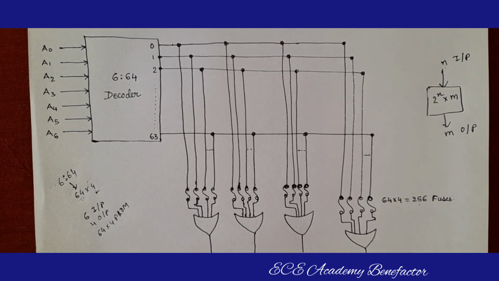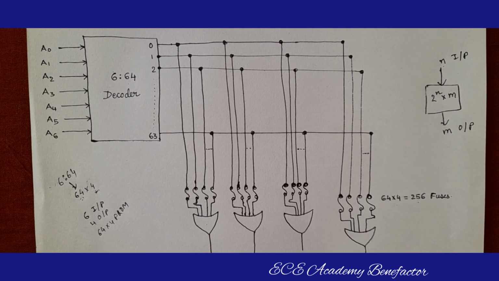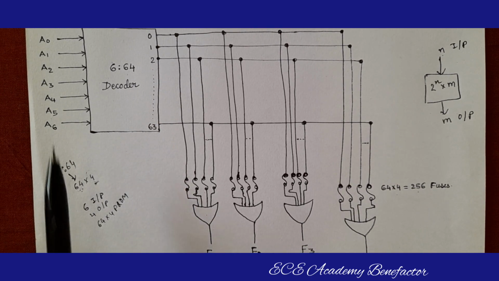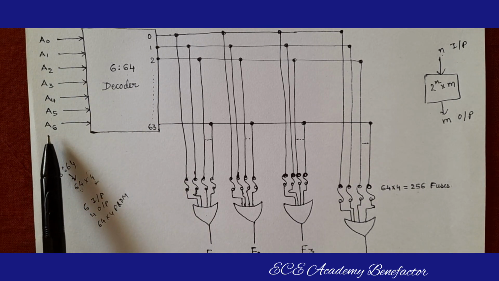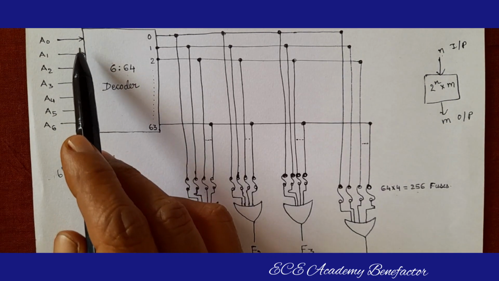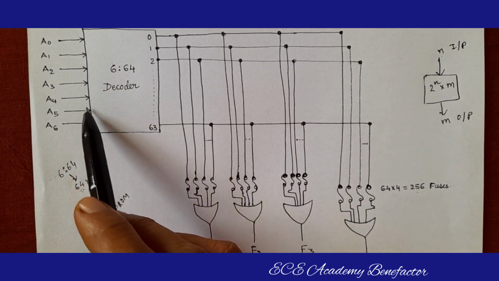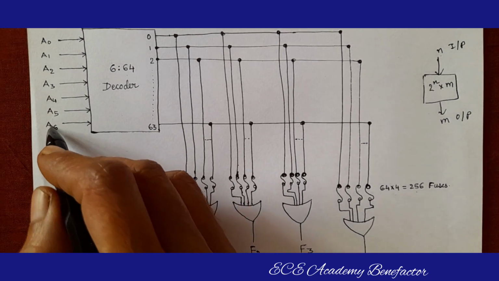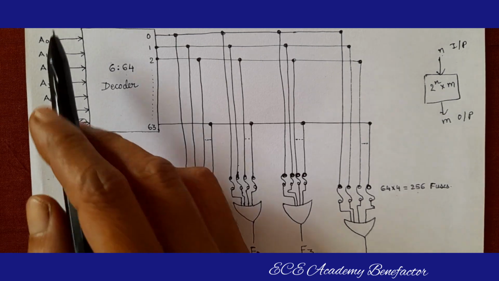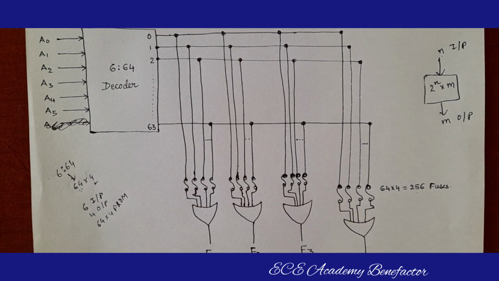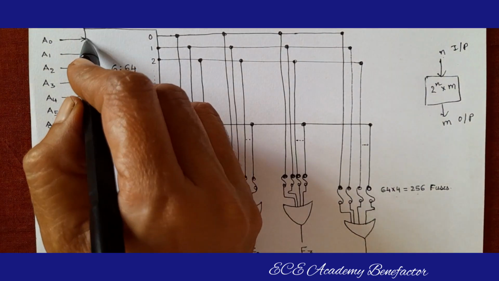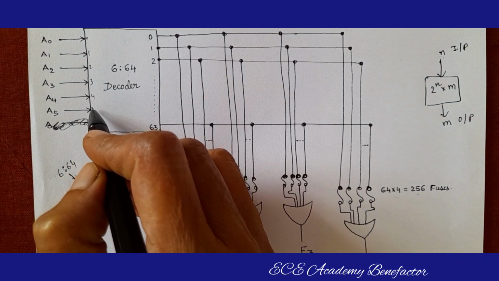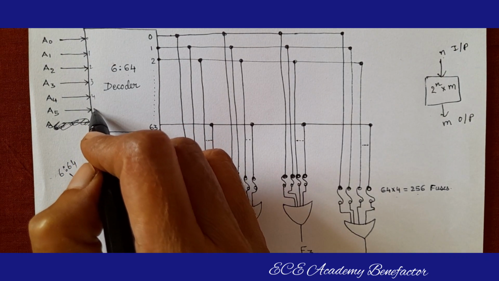Okay. So, for drawing 64 cross 4 PROM, we need a 6:64 decoder and 4 OR gates. Input lines are A0 to A6, 6 input lines. So, it will not be A6, it will be till A5, A0 to A5. This is 0, 1, 2, 3, 4, 5.